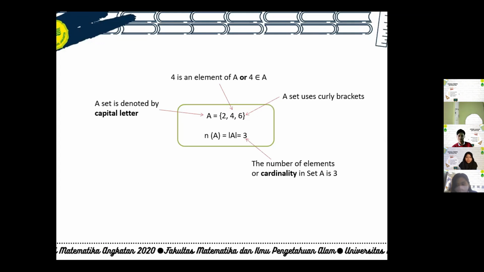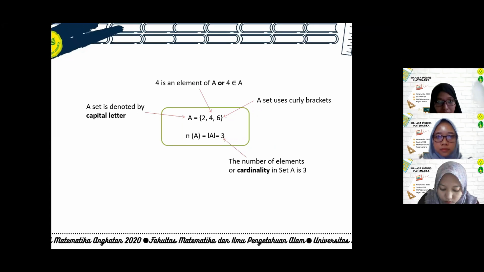This is a sample set. Set A has members 2, 4, and 6. A set is denoted by a capital letter, and 2, 4, and 6 are elements of set A, and we can write this symbol for element.